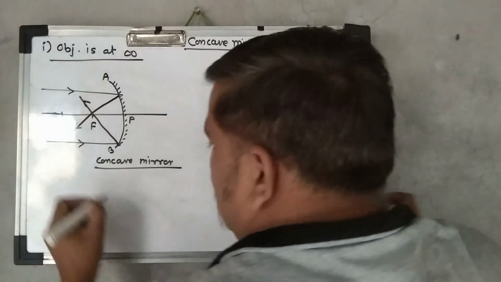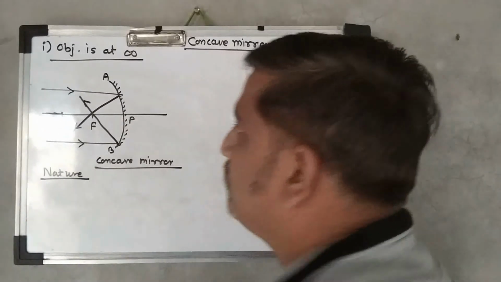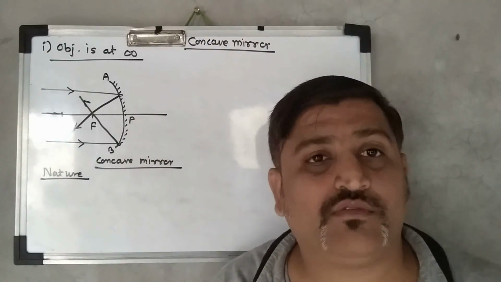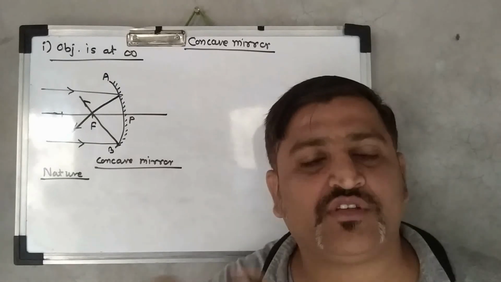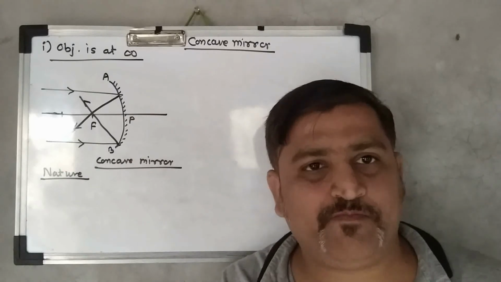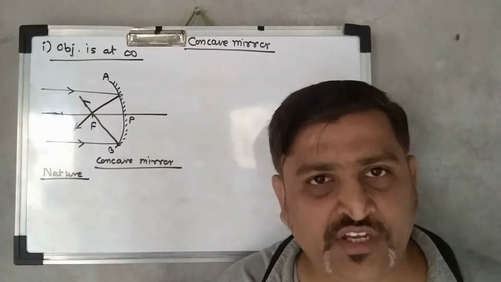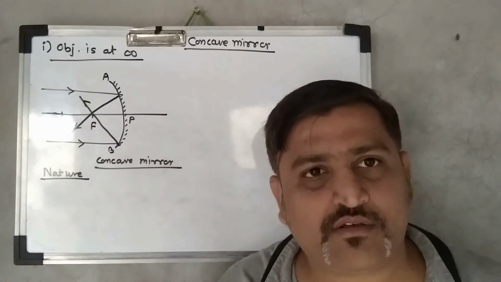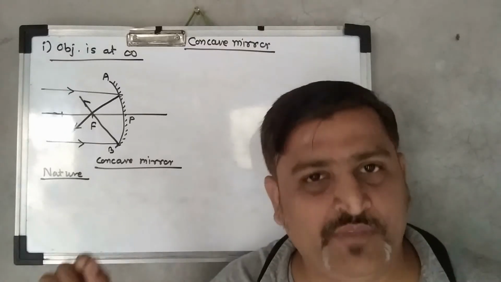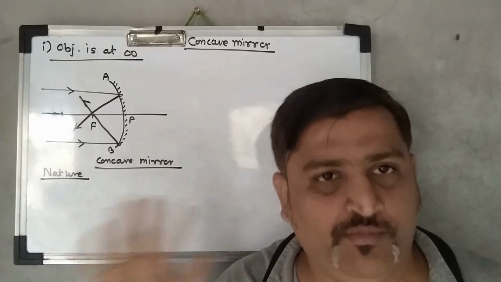Okay. Now what is the nature of the image formed? When we are studying these ray diagrams, one thing you should keep in mind is how the question may ask. The question may ask: draw a ray diagram for an object at infinity in case of a concave mirror, write the nature of the image formed, and state the position of the image.